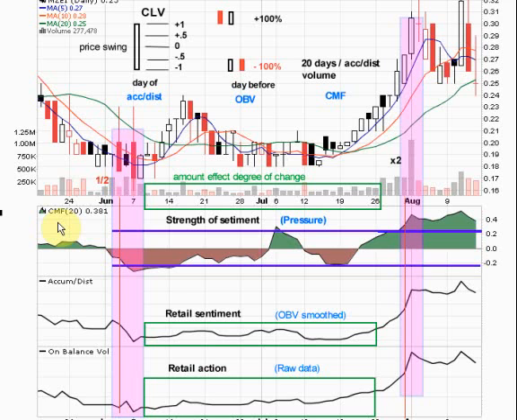Now, with the CMF, I mentioned there's a center line, and I drew here a blue line, and they say that any point on this graph above 2.5 is strong support, and any point below 2.5 is strong resistance.